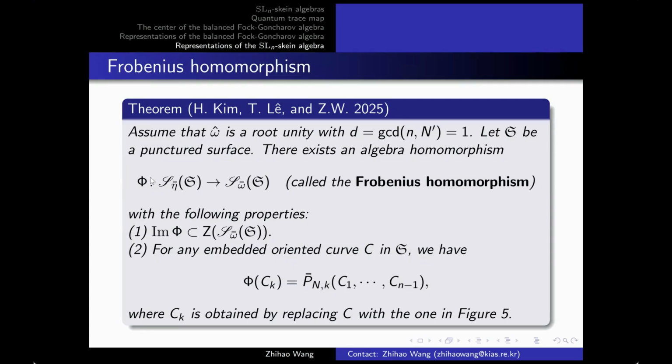Of course, we expect that this is the whole center. I mean, the whole center of the SL skein algebra is generated by the alpha pk and the central elements in the image of the Frobenius map. We expect this is true. Until now, we can only prove it for SL2 and SL3, but for general SLN, we don't know how to prove it yet.